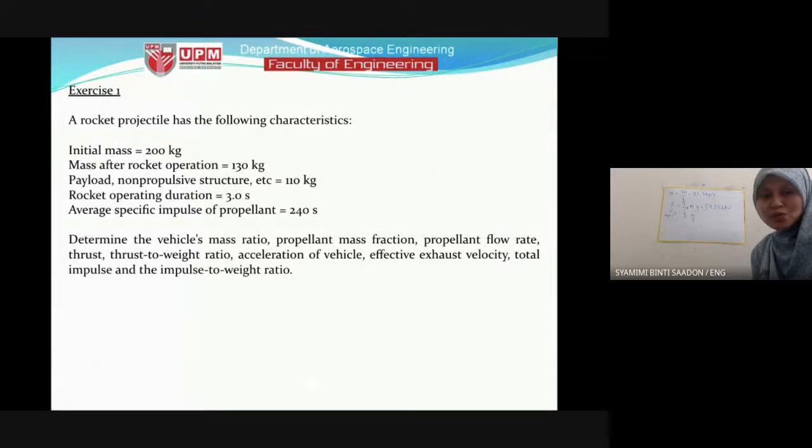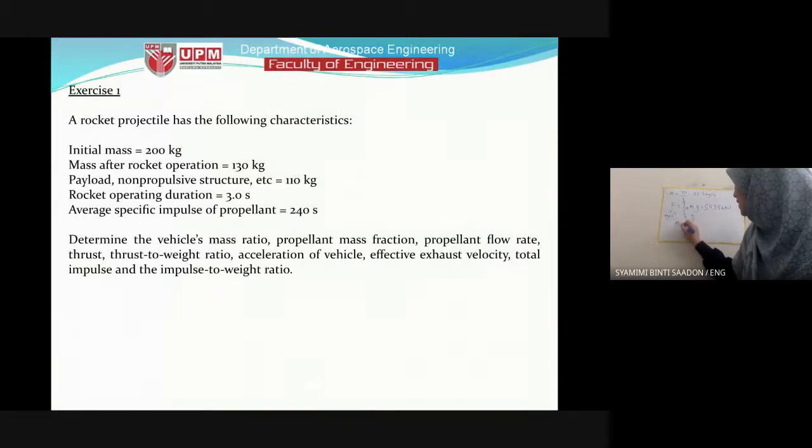And then the thrust to weight ratio. So we have the value of the thrust, and now we want to calculate the weight ratio. The weight will be the weight of the body, the initial mass. So we have F over m dot g.